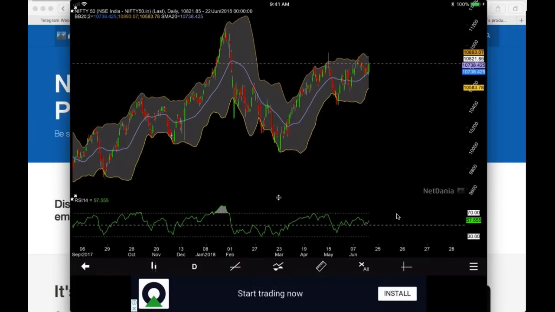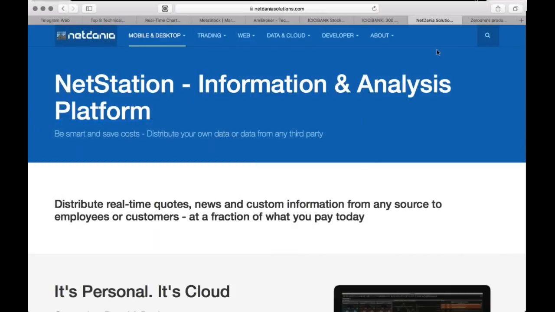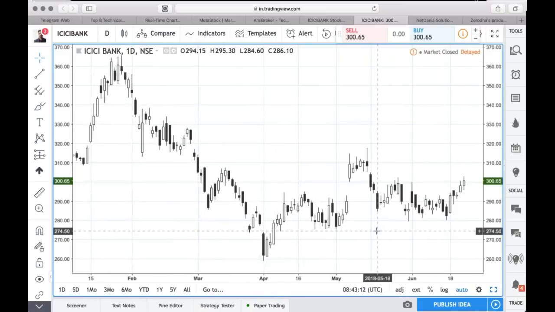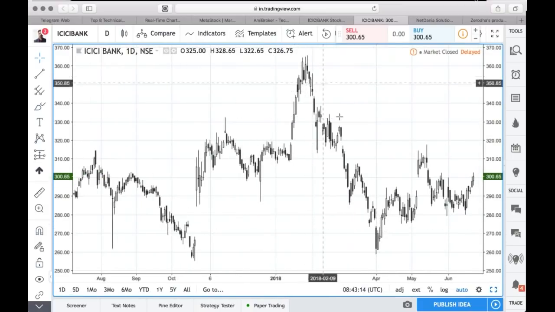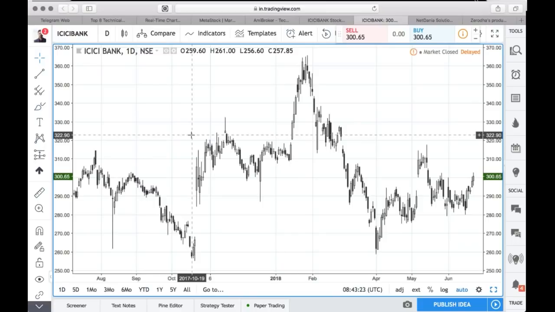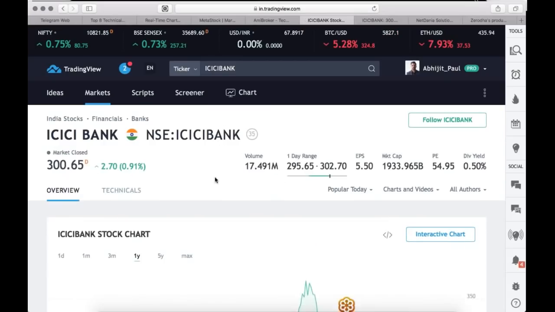If I get out of NetDania and take you to tradingview.com, I find their interface very, very clean, very nice. I used to post a few things on tradingview.com also. If you're not aware of tradingview.com, those who are just starting off with technical analysis and would like to understand and research the subject more, I strongly suggest you come to tradingview.com.